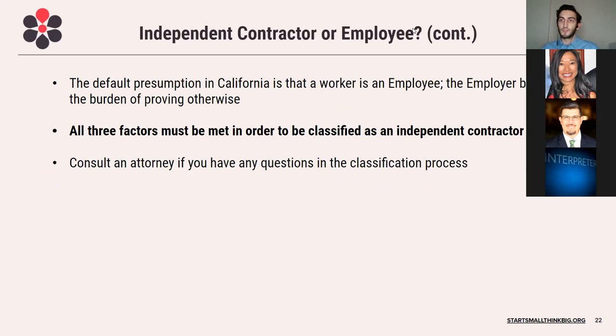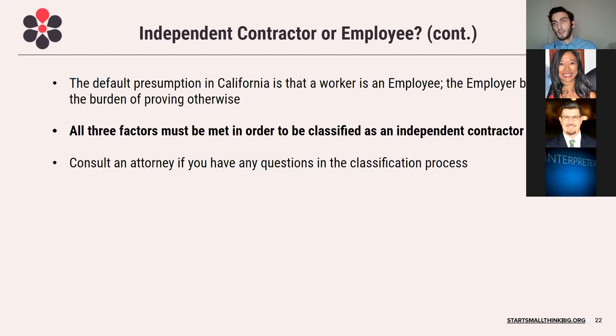And this is just to reiterate, the presumption in California is that a worker is an employee. If it's ever an issue in court, it's the employer's responsibility to show that the individual is an independent contractor, because the basic assumption is that they are an employee.